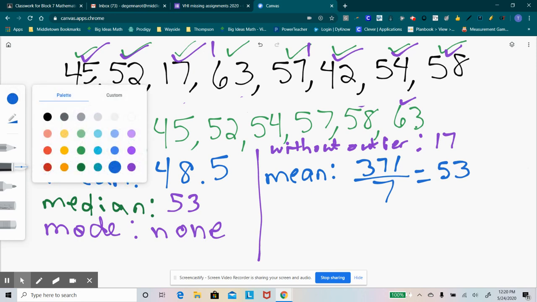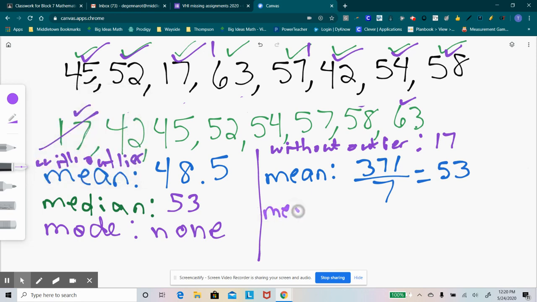And then when you go to find your median, we're going to cross off our pairs, but remember, 17 is not there. So we're going to start at 42 and then go 58 to 45, 57 to 42. And what's so great about it being an odd number is you're not going to have to find the mean like we did before, because it's going to go directly to 54.